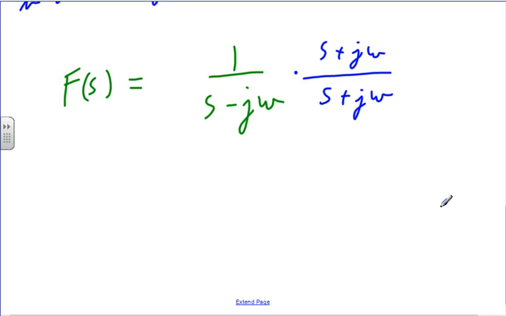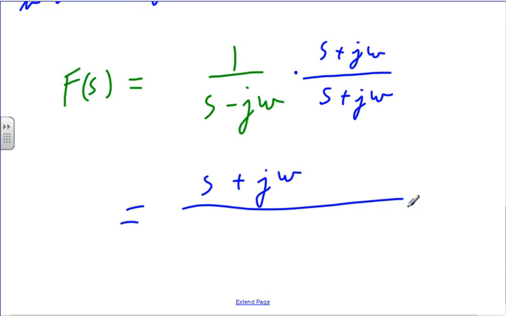So I've got (s plus j omega) divided by s squared plus omega squared. Now I'm rational down there.